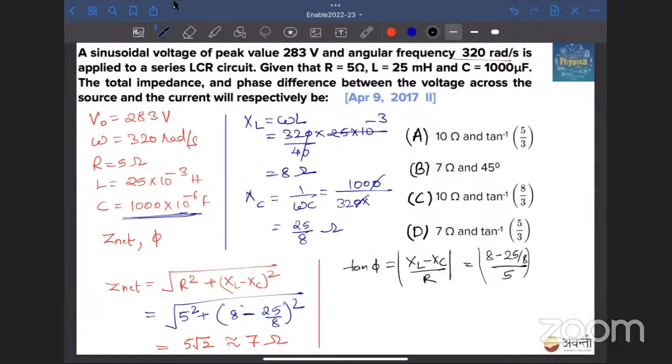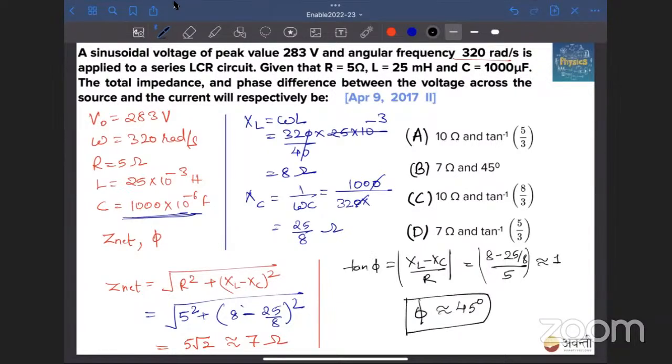So this is approximately 64 minus 25, or we can say 3, 8 minus 3 is 5, 5 by 5, approximately 1 you will get. So phi is approximately 45 degrees.